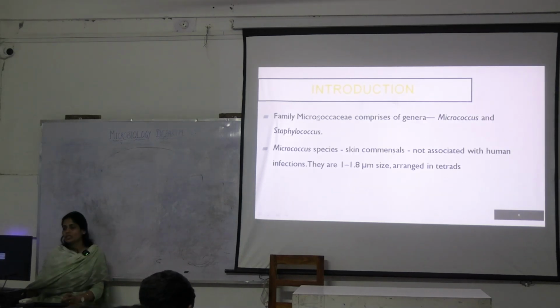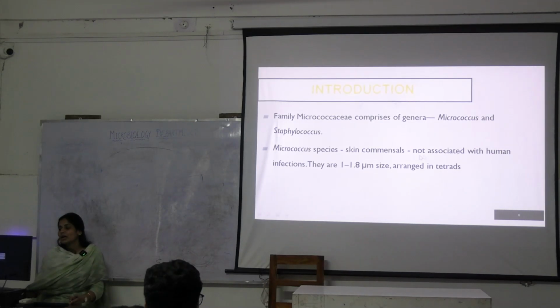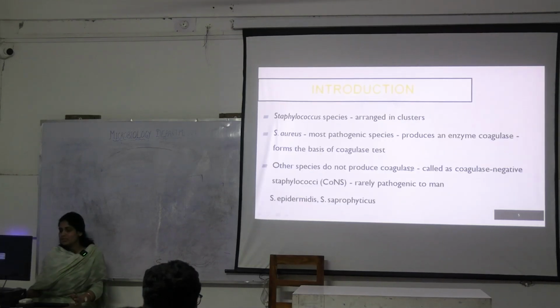Then in Micrococci, you can see Micrococcus and Staphylococcus species. Micrococcus are usually skin commensals. They are commensal flora, they do not cause any harm and they are larger than Staphylococcus in size, usually arranged in tetrads, okay? But Staphylococcus are able to produce catalase and coagulase.